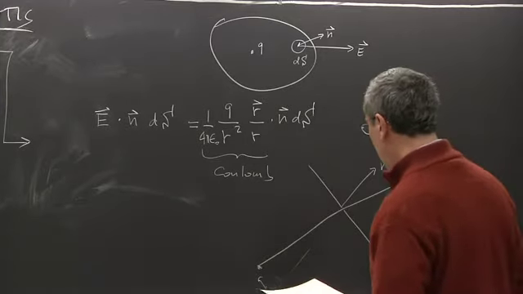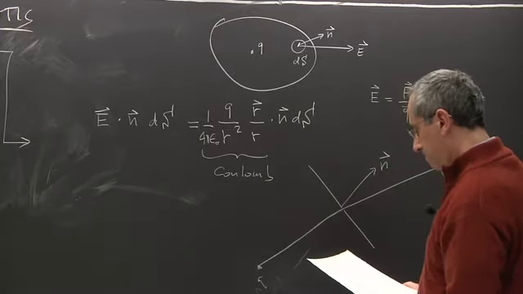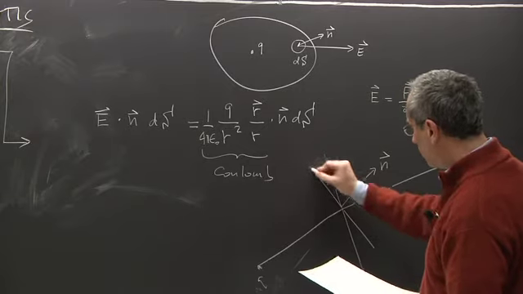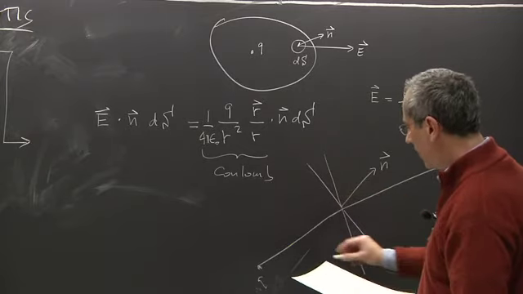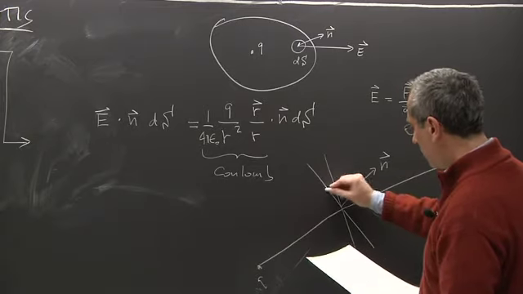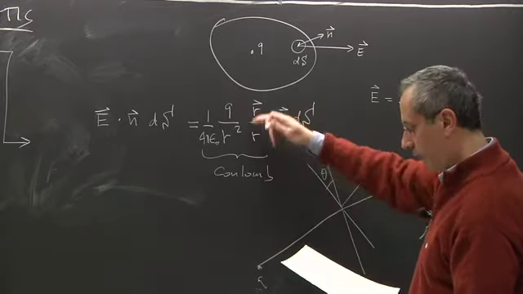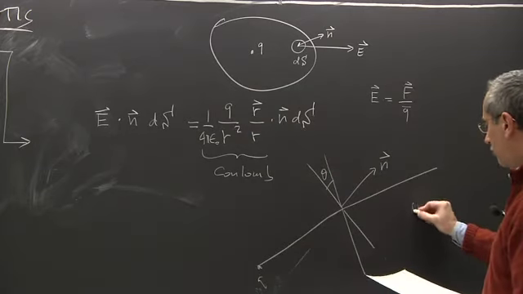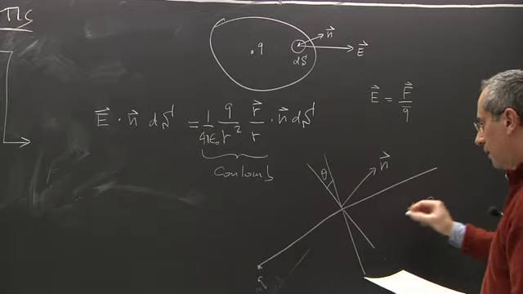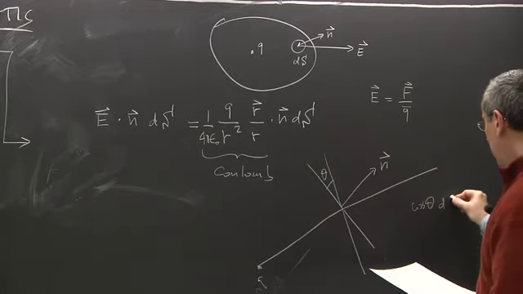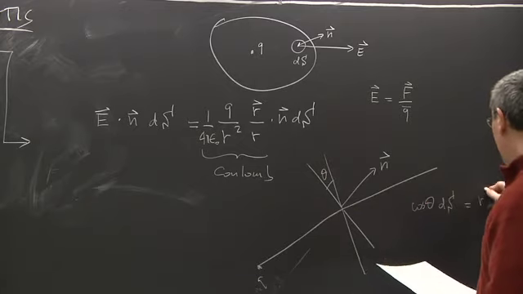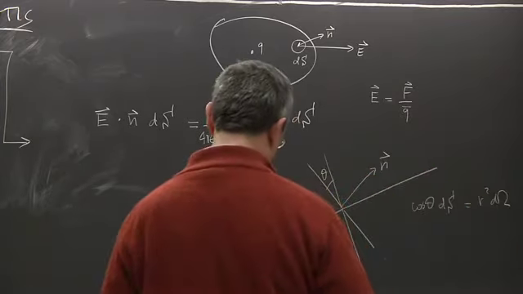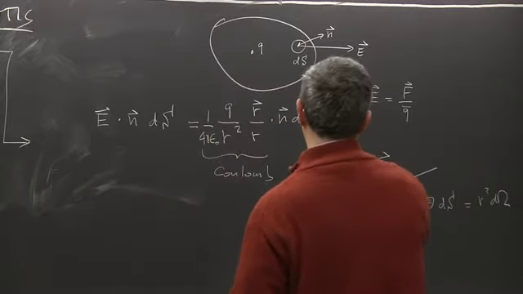This is normal to the surface, and this is the orthogonal plane to R. Here I identify an angle theta that I'm supposed to integrate over. So you see that the cosine of theta times the surface is equal to R squared times the solid angle over which I'm supposed to integrate. That means that here I can keep on going.